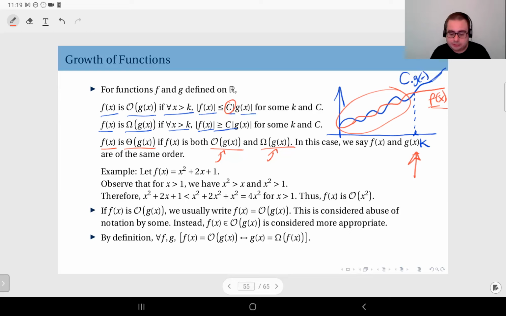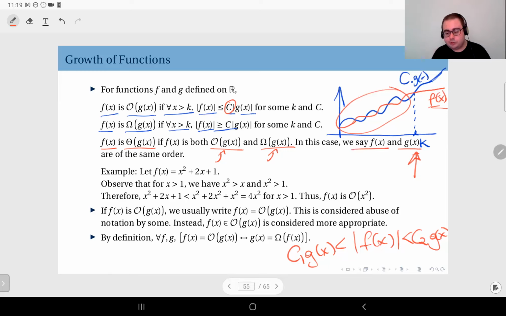This means you have a certain range with respect to g of x. So essentially, as x grows, f of x in magnitude stays between, let's say, c1 of g of x and also c2 of g of x. So it stays in a range determined by the function g. And in this case, we say that the functions f of x and g of x are of the same order.